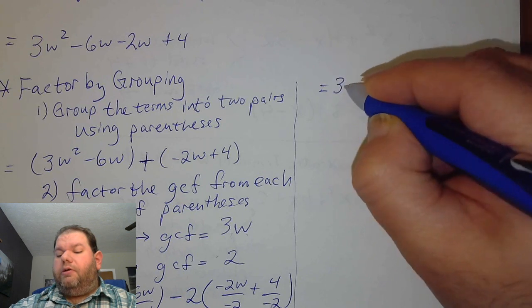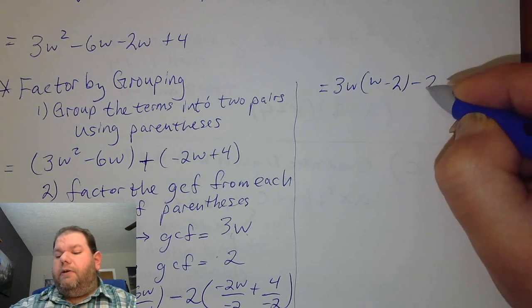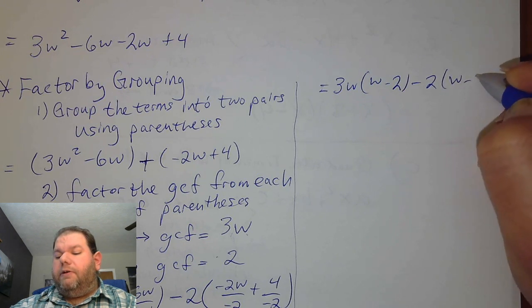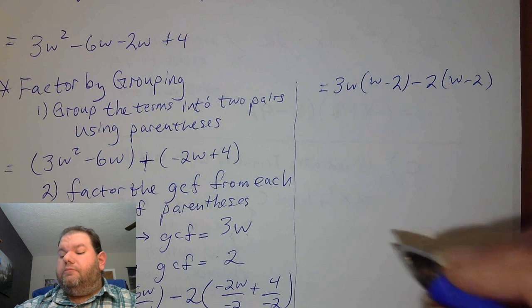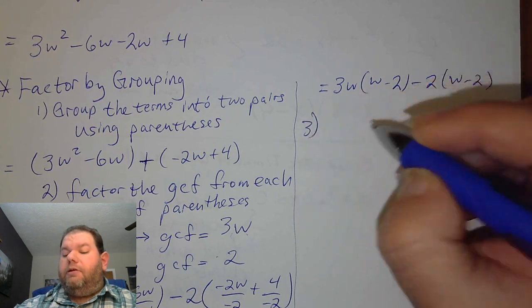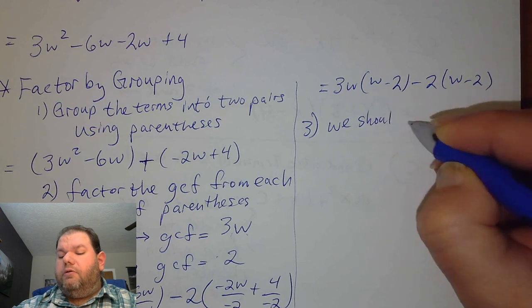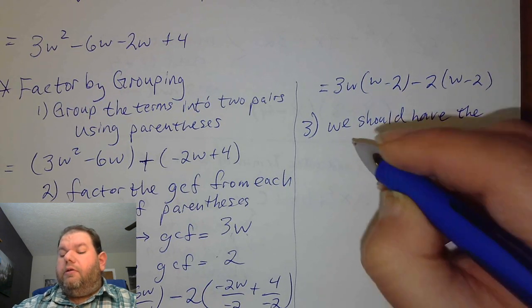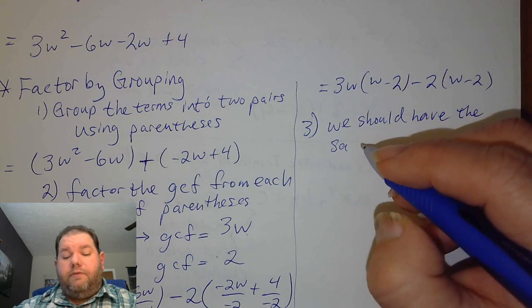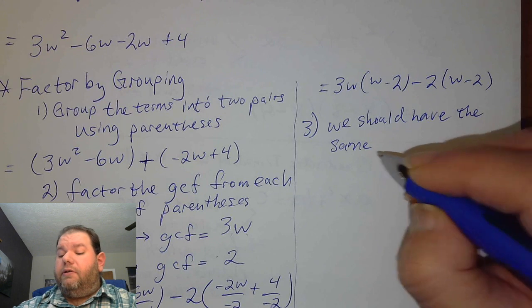So currently we have 3w times w minus 2 minus 2 times w minus 2. So step 3, we should have the same expression left over inside each set of parentheses.